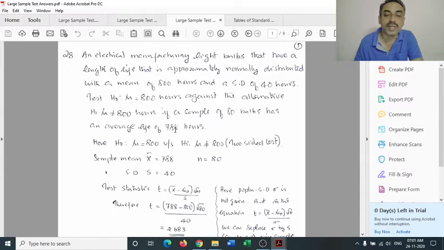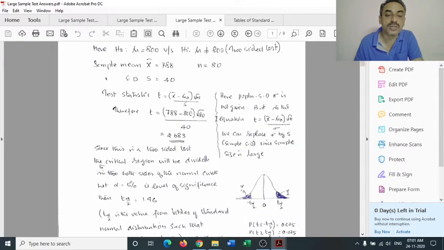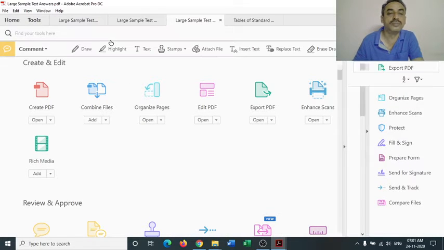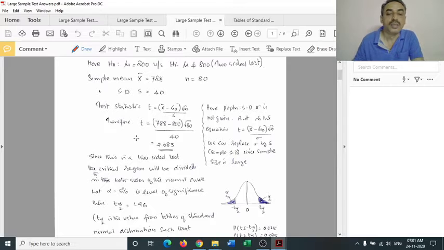We are given only the sample size and sample mean. So we have to read it as standard deviation sigma. We shall correct it.